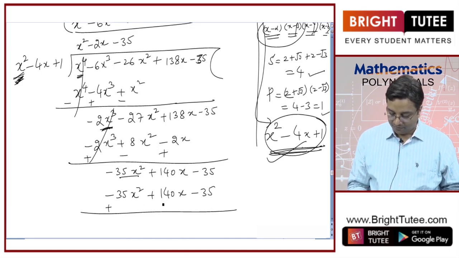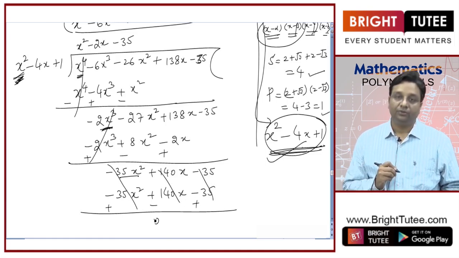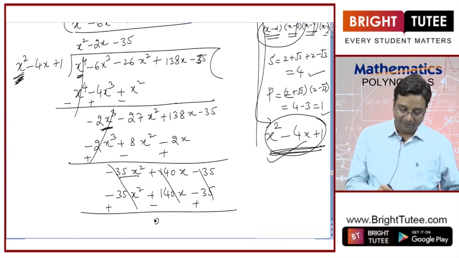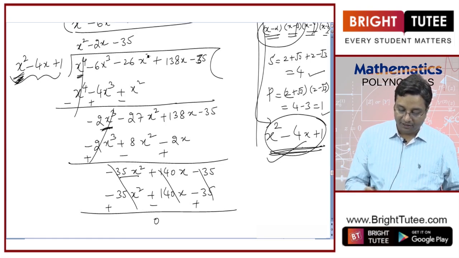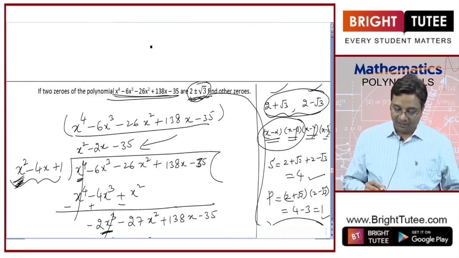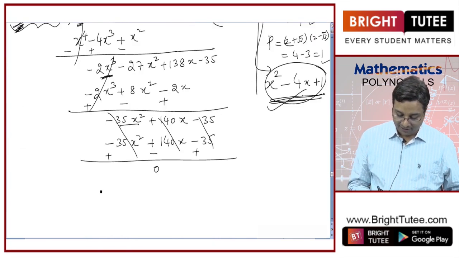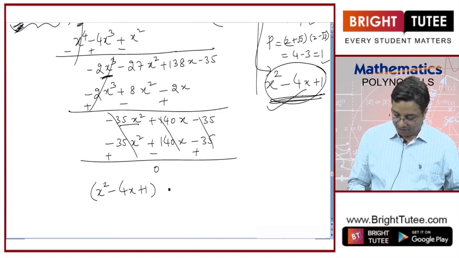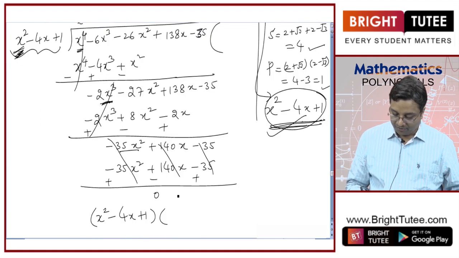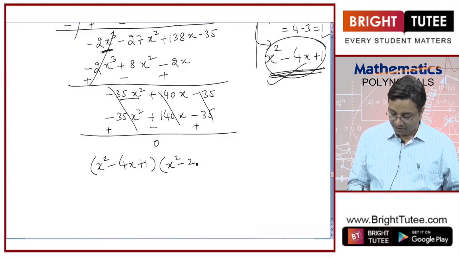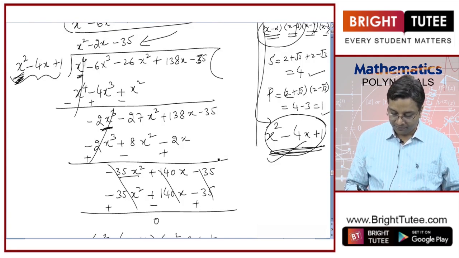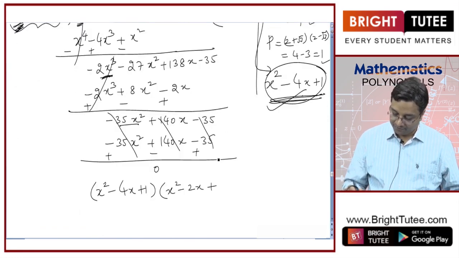So change the signs here and it gets cancelled. So it will give me 0. So yes, this was one of the factors and this is my second factor. So I can write the given biquadratic as x square minus 4x plus 1 into x square minus 2x minus 35, right?